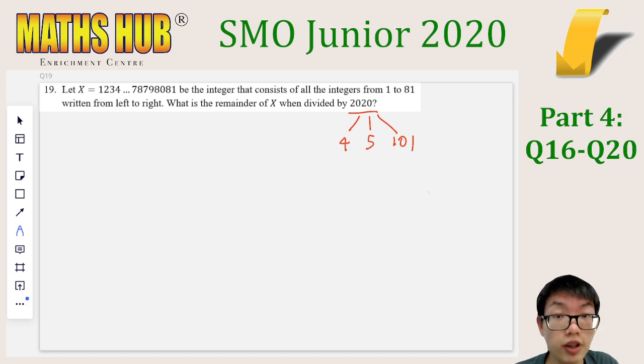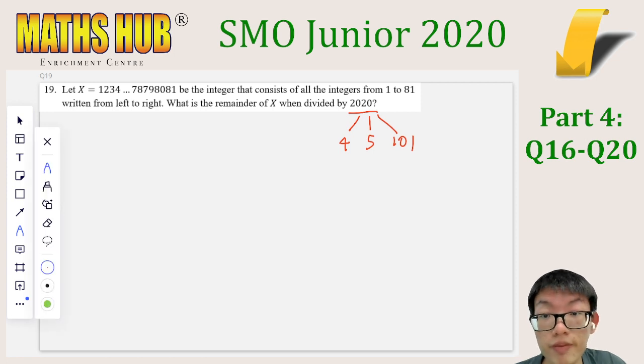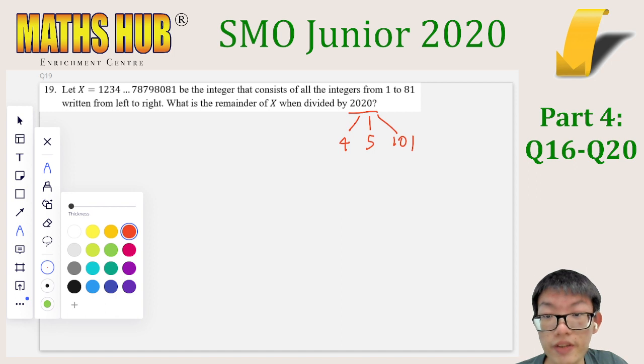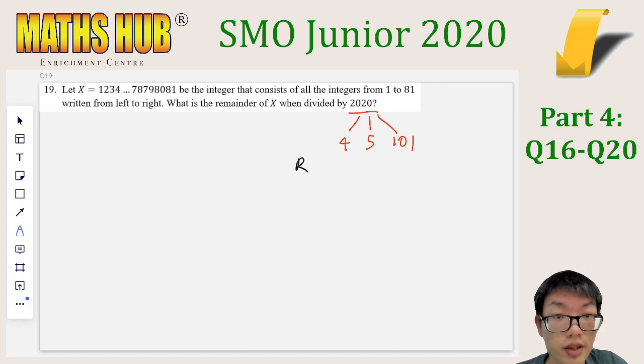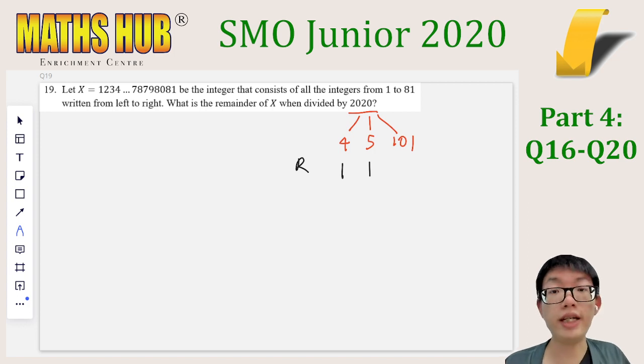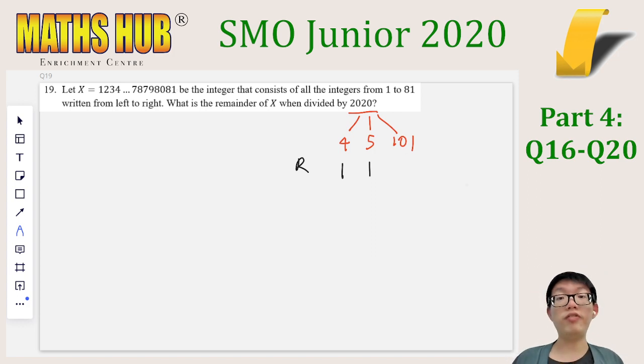The first two, 4 and 5, are relatively straightforward in terms of the test. The remainder when divided by 4 and the remainder when divided by 5 are very obviously 1 and 1 respectively. For 4, we just look at the last two digits, and for 5, we can look at the last digit. Now this leaves us with the question of dividing by 101. What is the remainder when x is divided by 101?